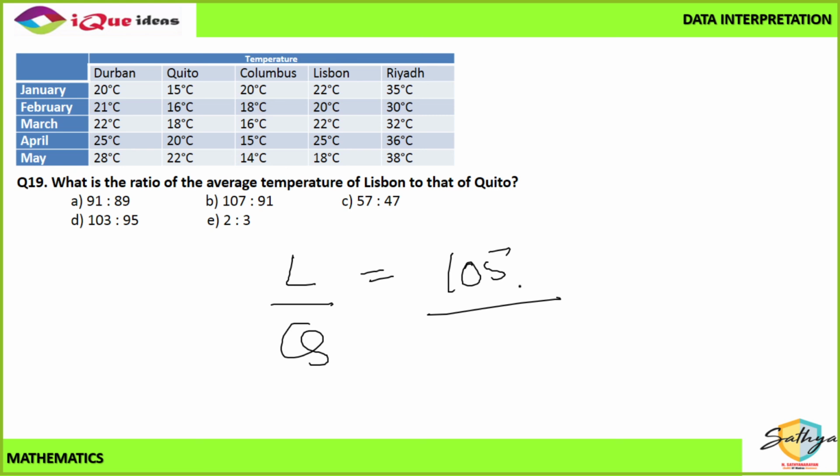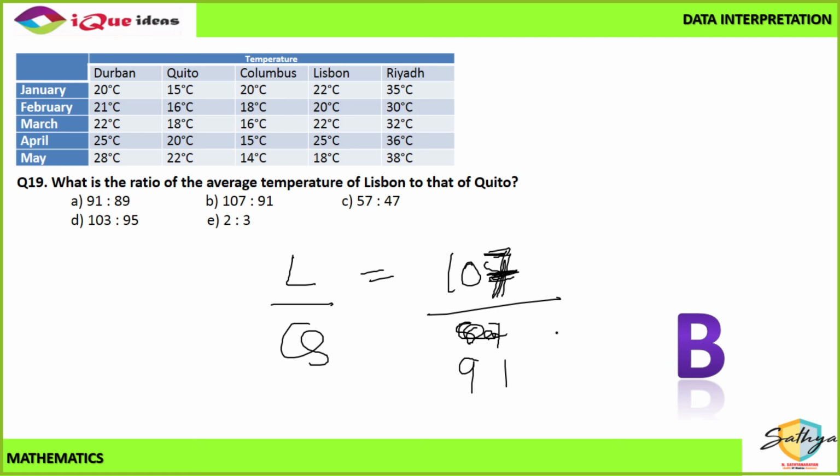And for Quito, I think we just found out it was 87? 107 is to 91.